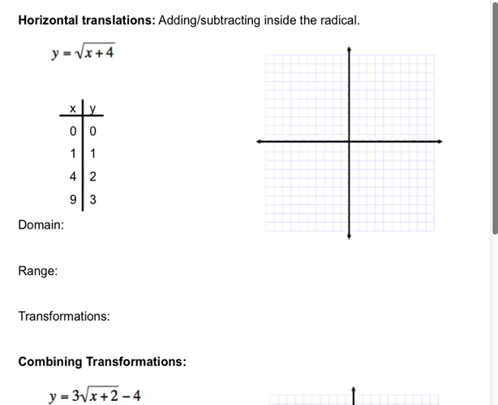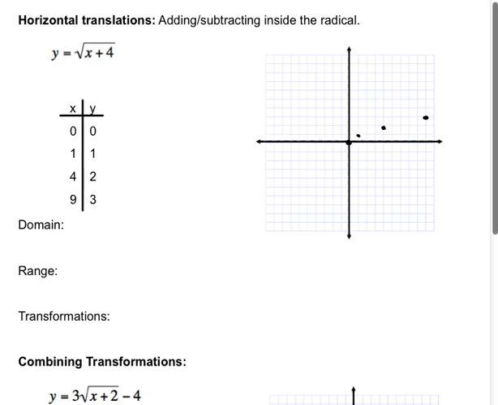So let's move on to our next example. So here, horizontal translations. So once again, I'm going to start with my parent function. The square root of 0 is 0. The square root of 1 is 1. The square root of 4 is 2. The square root of 9 is 3.